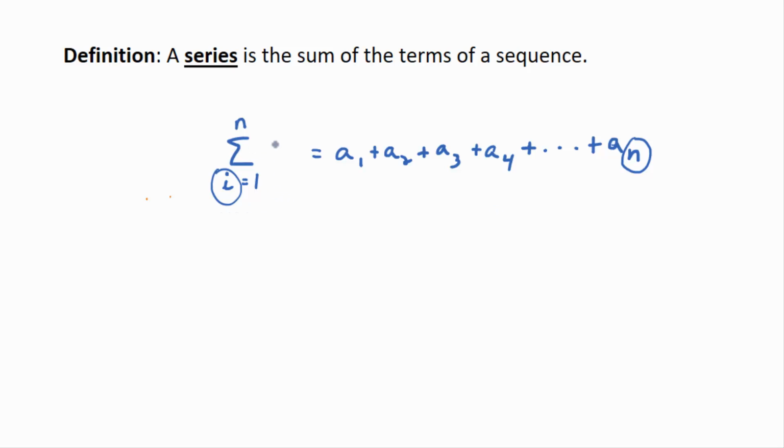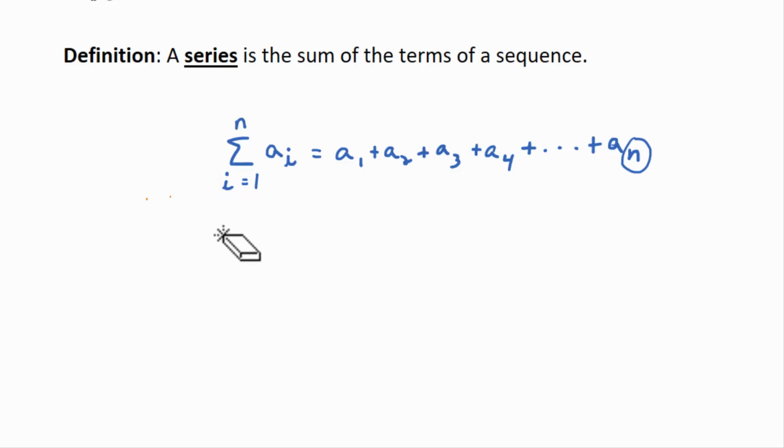And then the symbolism that goes after the sigma symbol is the generic formula. I can't use a sub n here, so I'll use a sub I, the generic formula for the ith term of the sequence. Okay? So if you've never seen it before, this is a little bit strange.